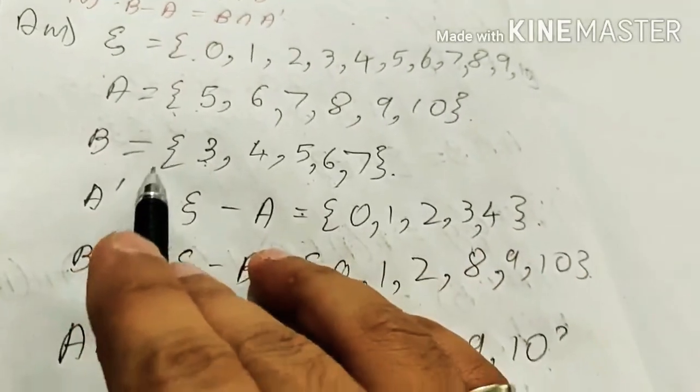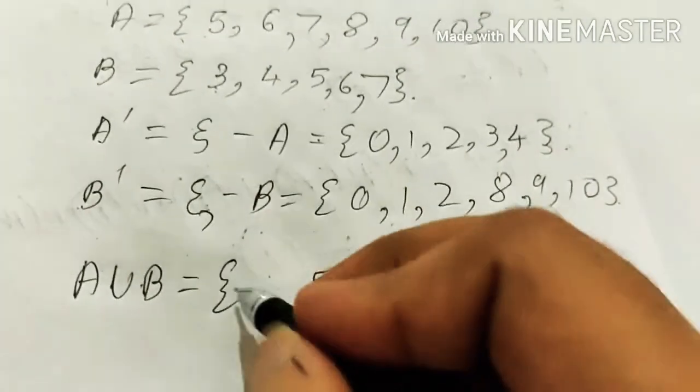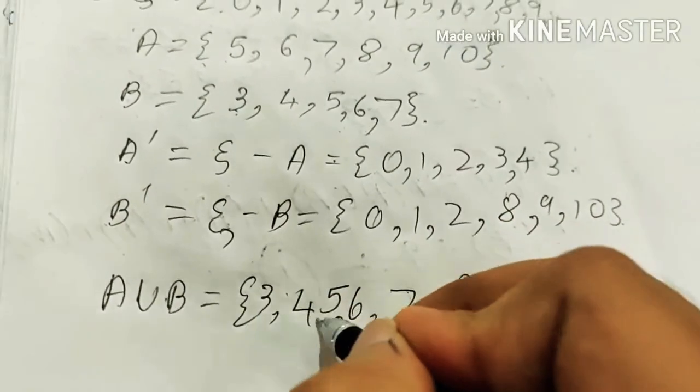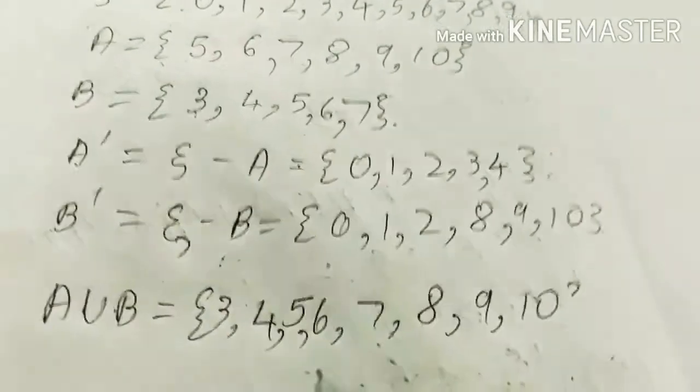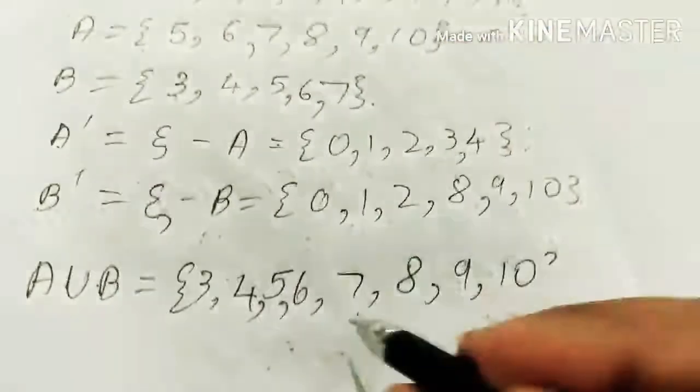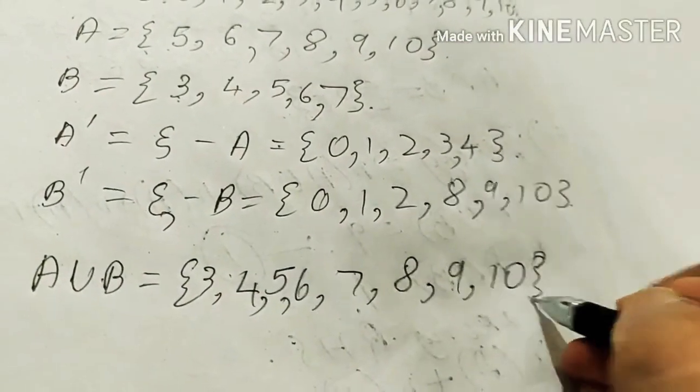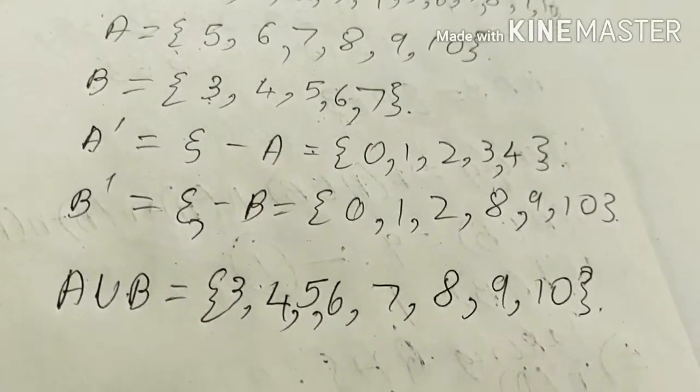Then B here is 3, 4, 5. Then 5 is present here, 6 is present here, 7 is present here. So this is our A union B.